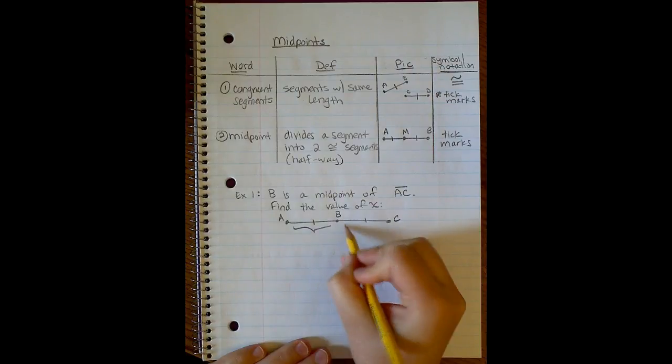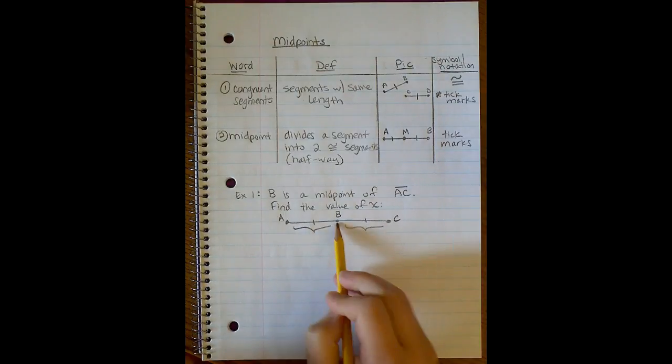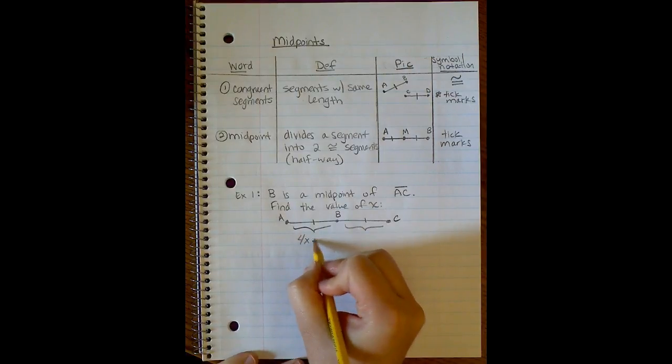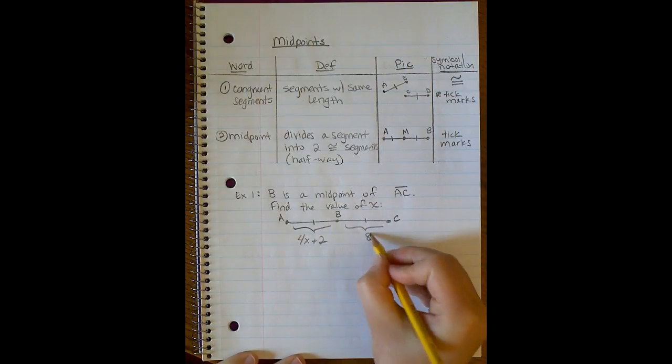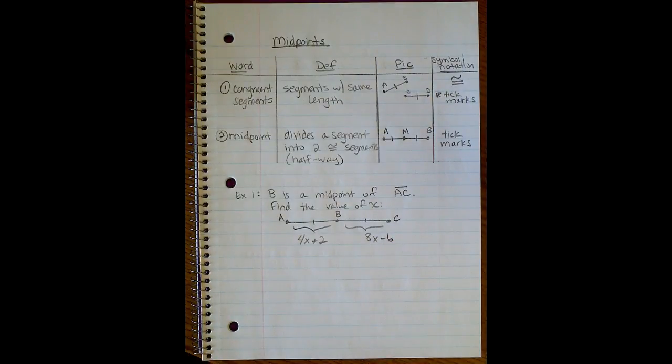So the information given in this problem are going to be algebraic expressions for each of the small congruent segments AB and BC. So AB is going to be 4x plus 2, and BC will be 8x minus 6. So now we need to figure out some type of an equation we can set up in order to find the value of x.